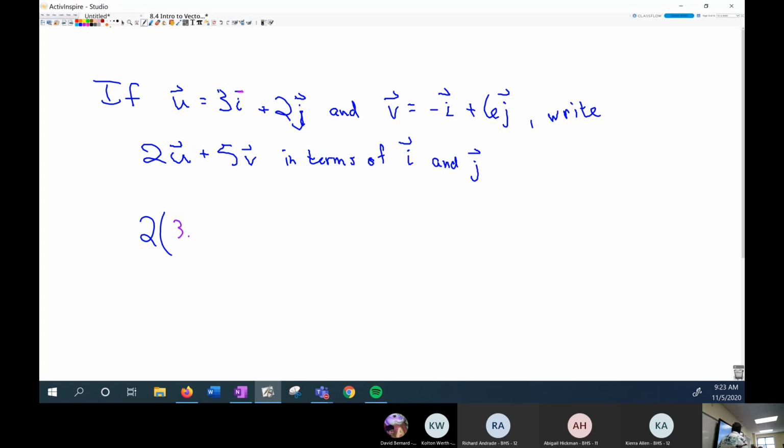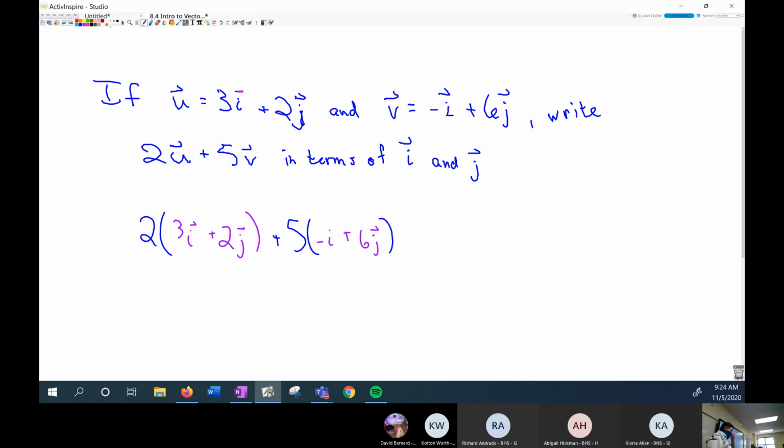The vector u is 3i plus 2j. And then this wants 5 of these vector v's. And vector v is negative i plus 6j. Now it's just an algebra problem where you just simplify and combine like terms. I don't have to remember which ones go together.